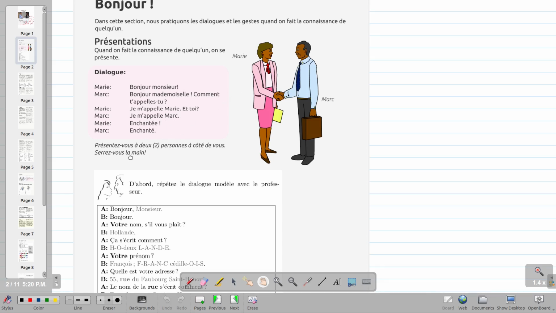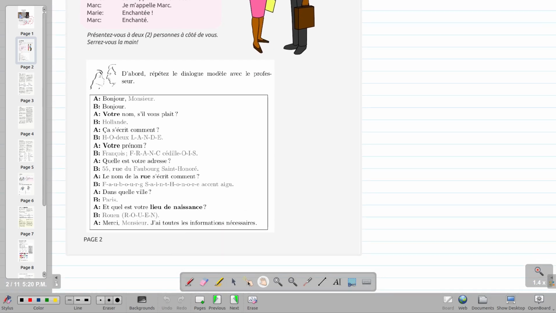Comment t'appelles-tu? Je m'appelle Marie, et toi? Je m'appelle Marc, enchanté. So we're familiar with this. Now we can go ahead and go to the real world and apply these concepts, greet people, and find out their names and tell them your names. So you are capable of doing that now. So we are going to continue to pursue that.